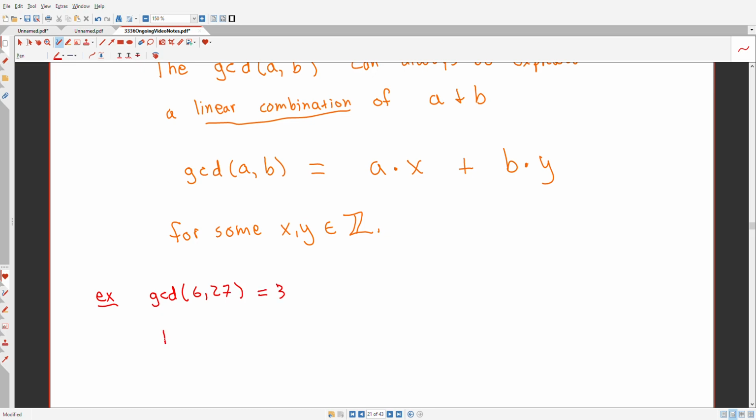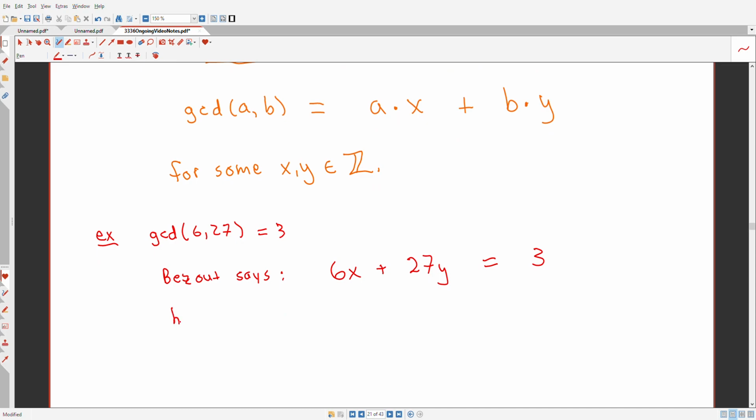And so Bezout's lemma tells us that there has to be an integer x and an integer y so that this is true. So Bezout's lemma says this equation has integer solutions.